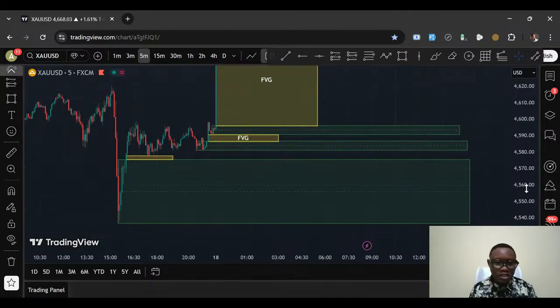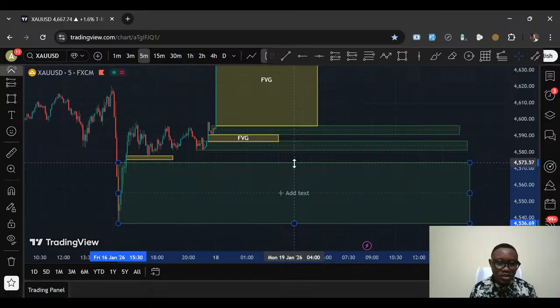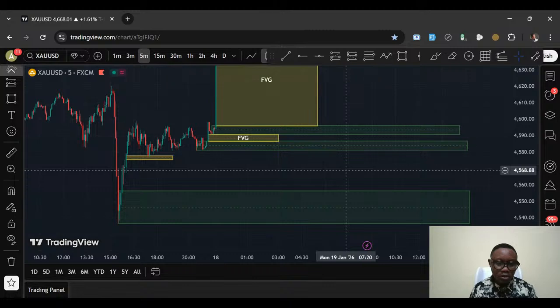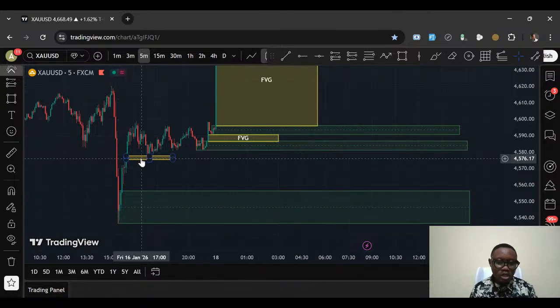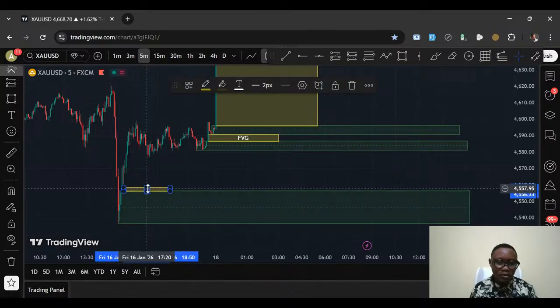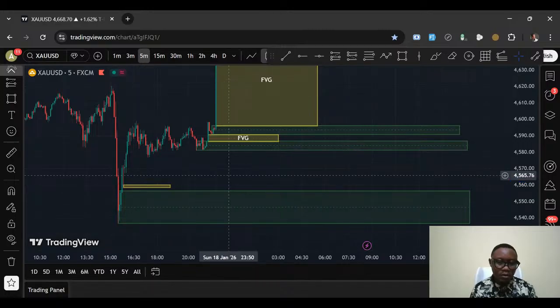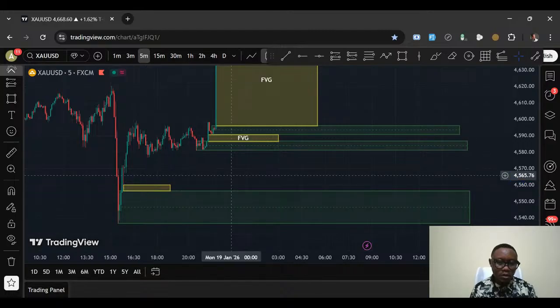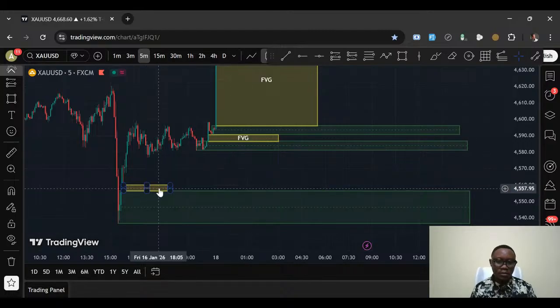So on the 5-minute time frame, we can further refine this zone to this candle. Okay, so this is our order block zone. Refine it to this candle. Then this becomes our fair value gap. So this is our fair value gap. All right, so this is our fair value gap.